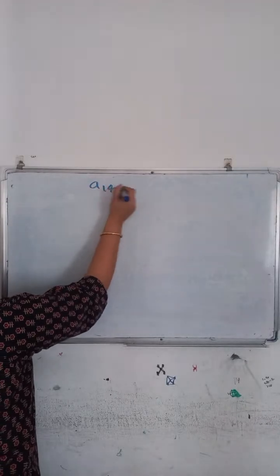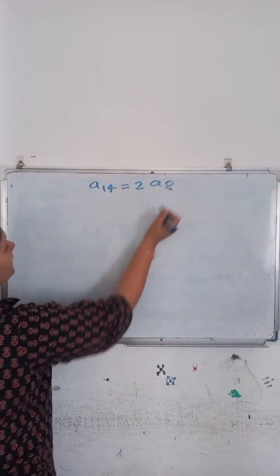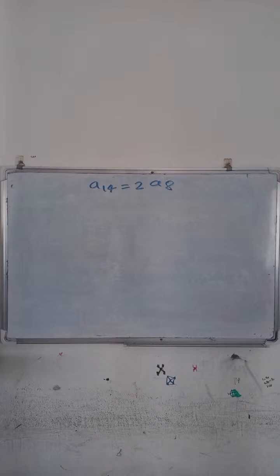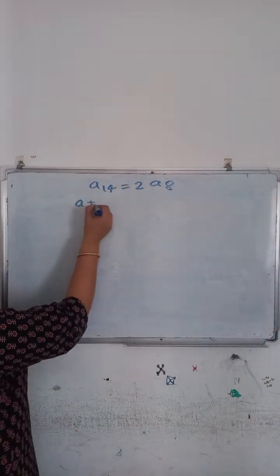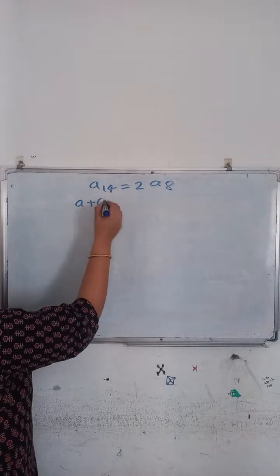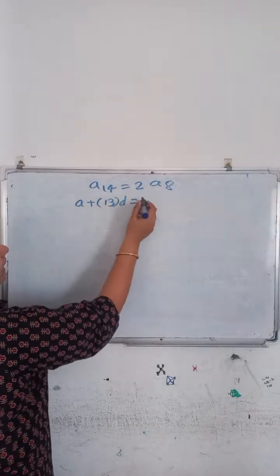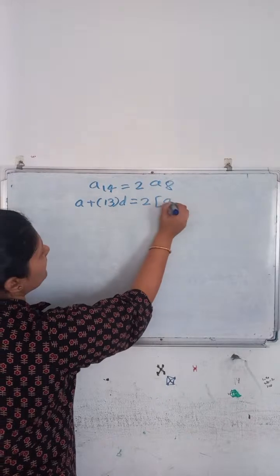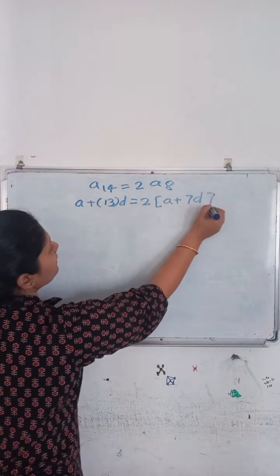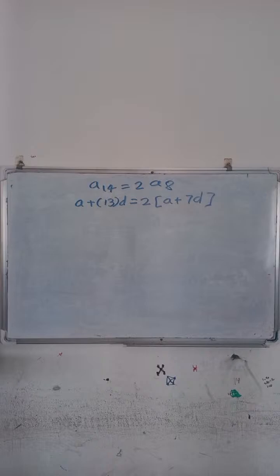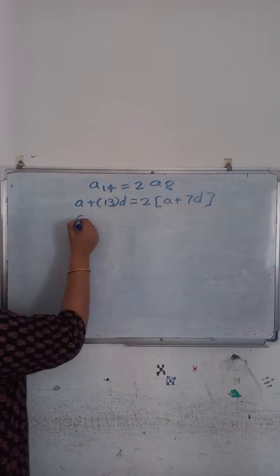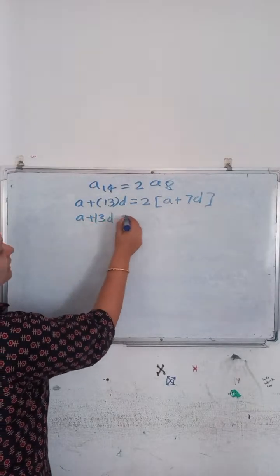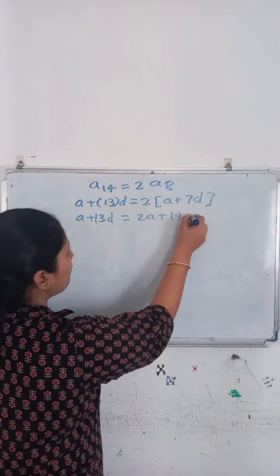So write down here a plus n minus 1, that is 14 minus 1 is 13d, and here 2 inside the bracket a plus 7d. How you got that you can check, I already told you many times. So here a plus 13d is equal to twice a plus 7d.